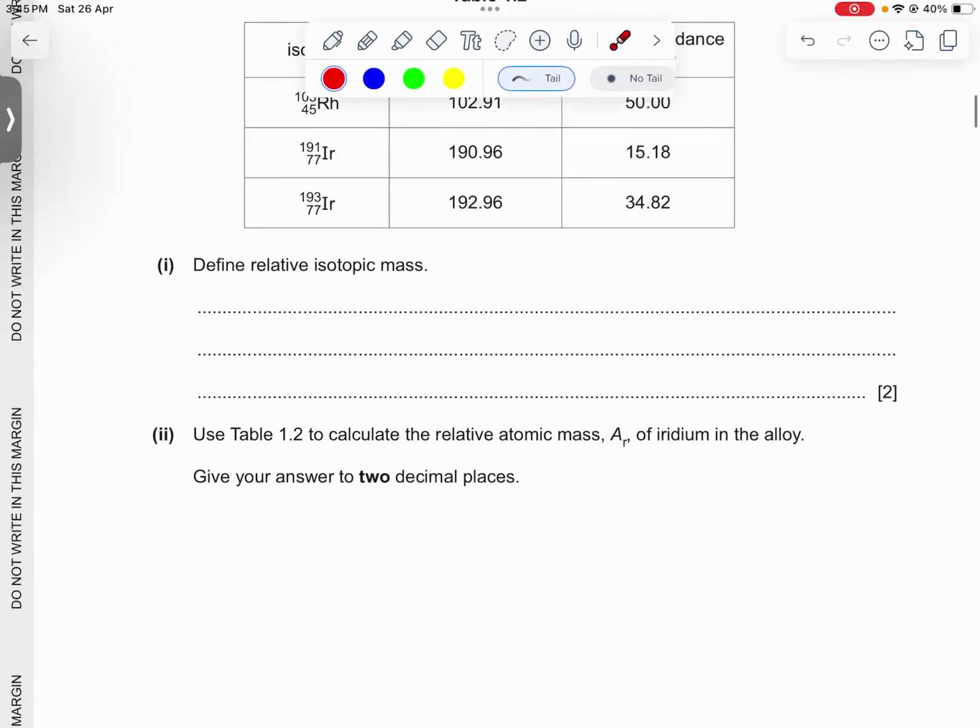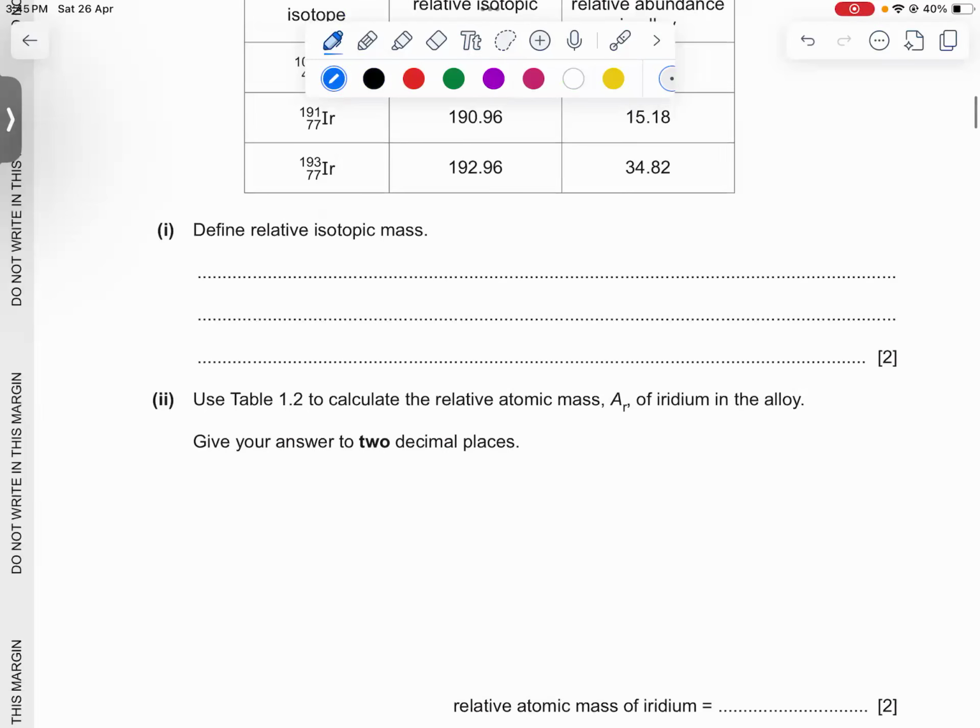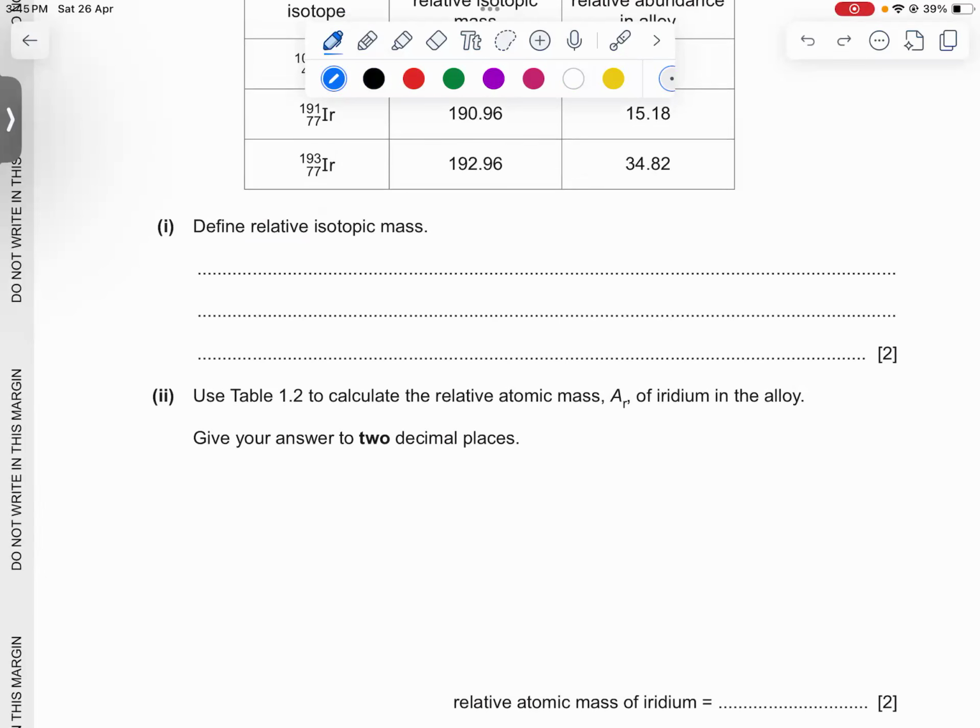Define relative isotopic mass. All right, so how do you explain relative? Relative basically means compared to isotopic mass of an isotope, right?